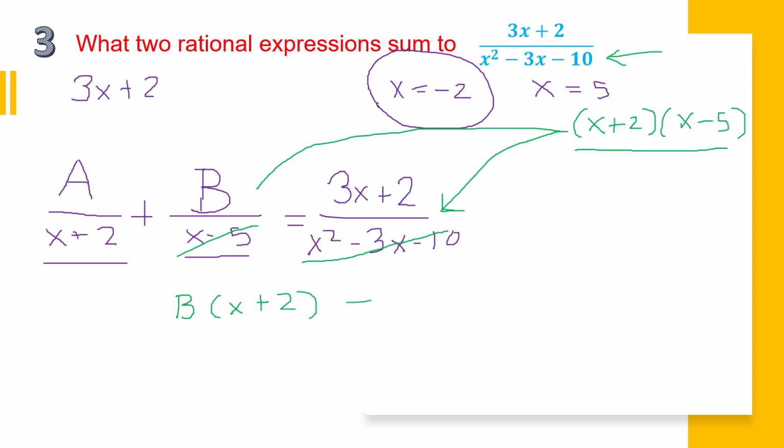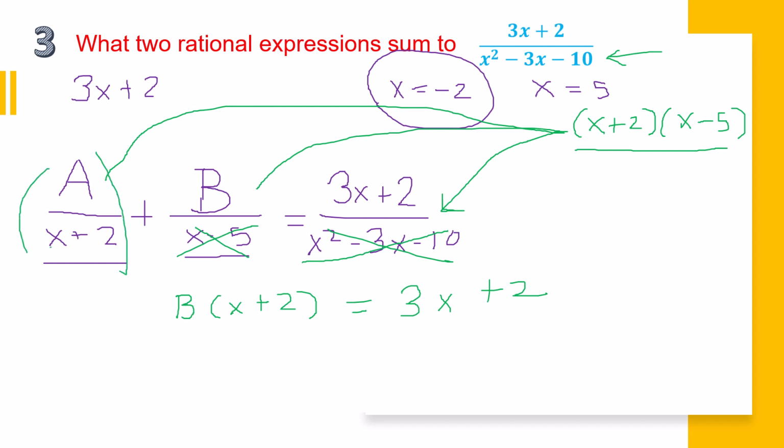Let me write on the right side, we were left with 3x plus 2 on the top. The denominator canceled out because we're trying to simplify. That's our goal. Now we're going to take the x plus 2 times x minus 5, multiply it to this term. So the x plus 2 will cancel out, and we're left with x minus 5. So this first term is A times x minus 5.